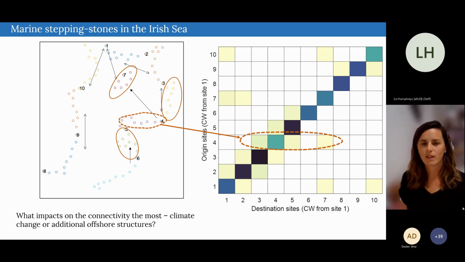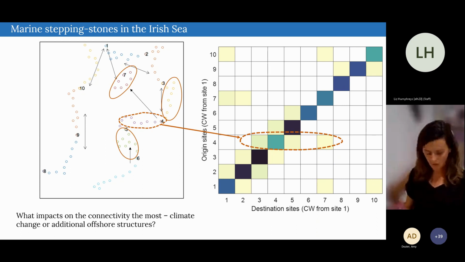The point is that it's a really neat way that if we change the connectivity, we'll be able to do a real quantitative comparison between how much incorporating those installations may affect the background connectivity, and we can then compare that with how much the changes due to climate change and warming seas may be affecting the connectivity too.